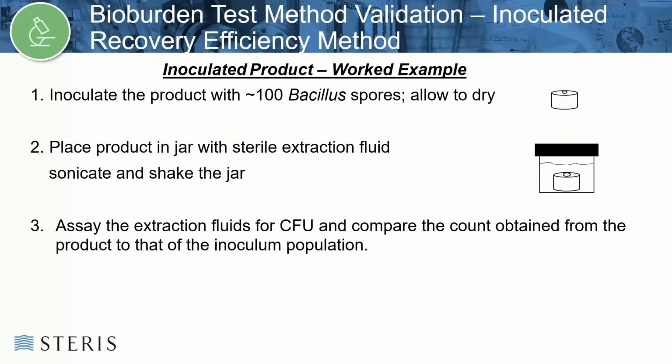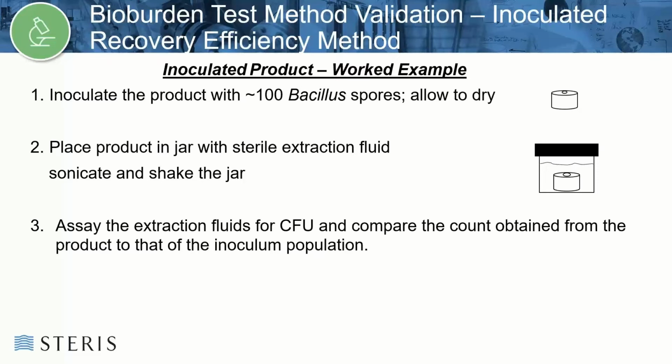To understand the inoculated bioburden recovery method better, let's look at a working example. The first step in the process is to inoculate the product with an artificial spike of a known inoculum level, approximately 100 CFU of bacillus spores, and allow that spike to dry. Next, the product is immersed in the extraction fluid, and an extraction process is completed.